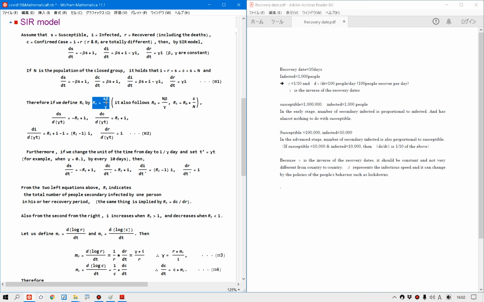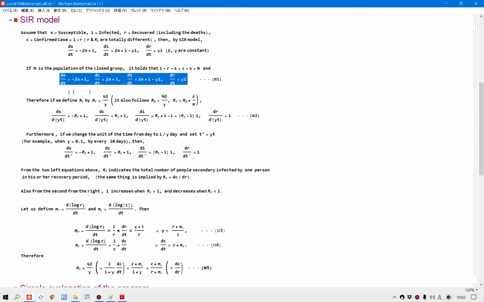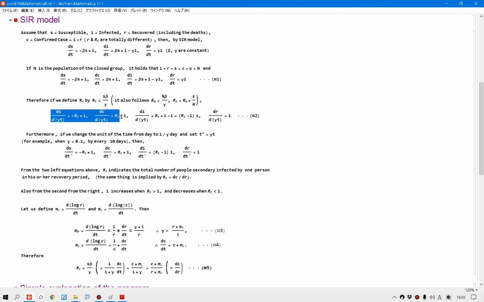And from this, R0 equals N beta over gamma, because when t is 0, susceptible is equal to the whole population N. And RT equals R0 times S over N. Anyway, when we divide all the equations by gamma, we get this equation. Okay. And if we substitute gamma t by t dash, we get this equation.